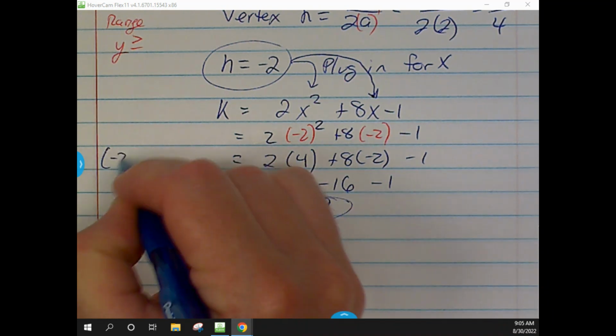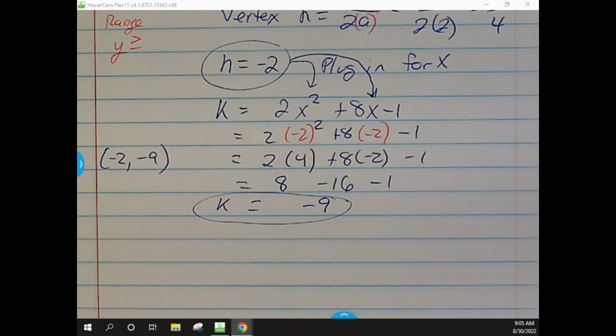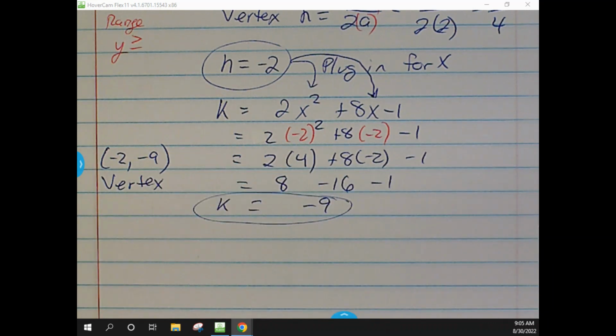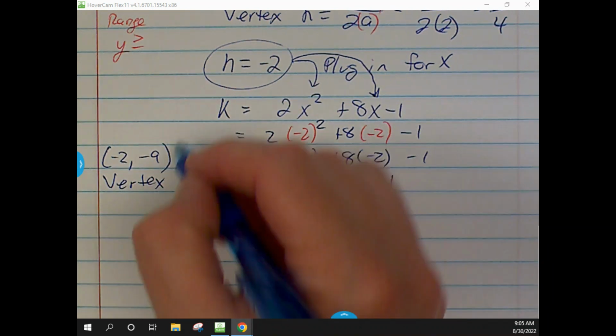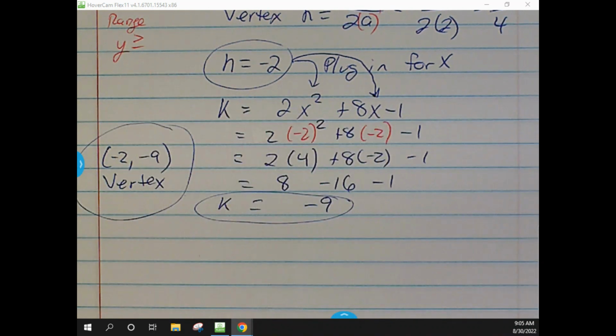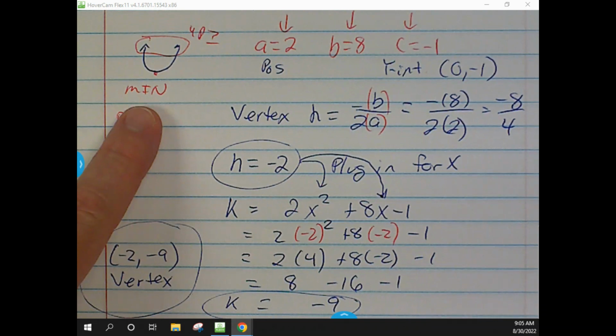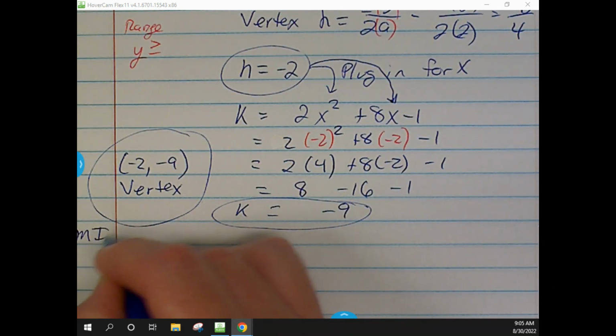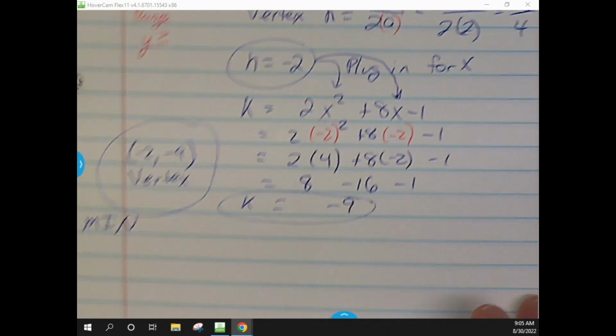Okay, and we've got the vertex. And that's pretty much all the work we've got to do for this equation. So that was the very first thing we had to have. We've got our vertex at -2, -9. We know it's going to be a minimum. And it's always going to be at the y value.